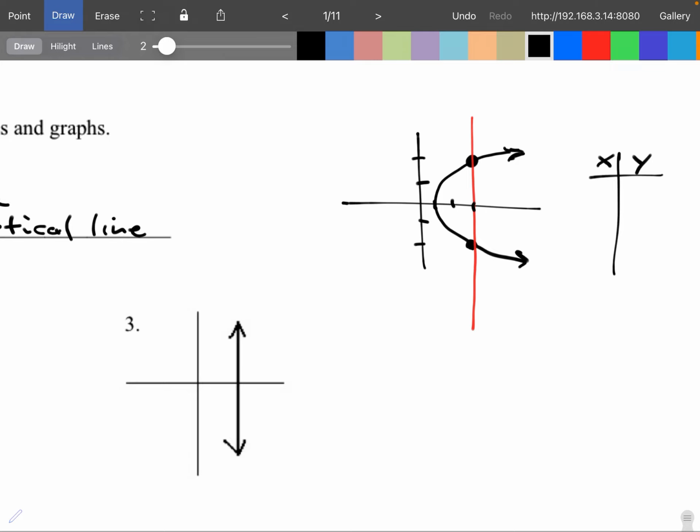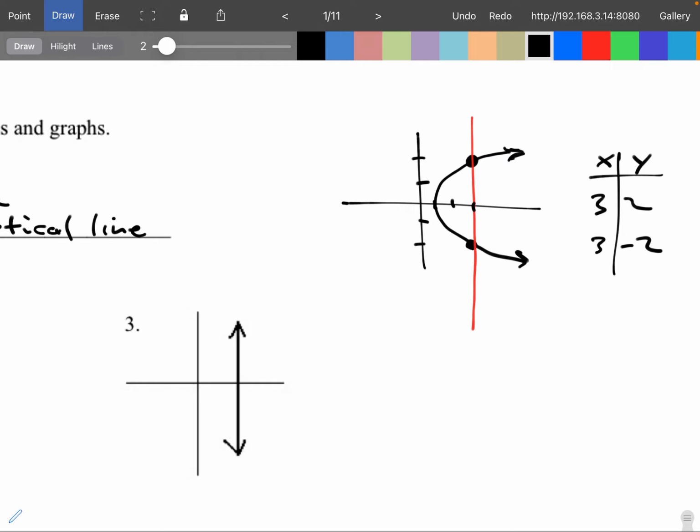And the reason would be, let's say this was the point. Let me draw a little table for this one. Again, you don't have to write all this part down if you don't want to. Can you see that the point (3, 2) would be on that graph? And the point (3, -2) would also be on that graph. Do you see that you got a repeating x value?